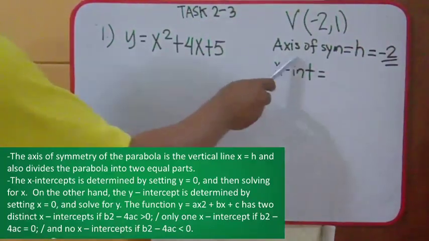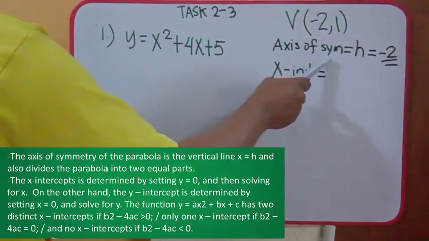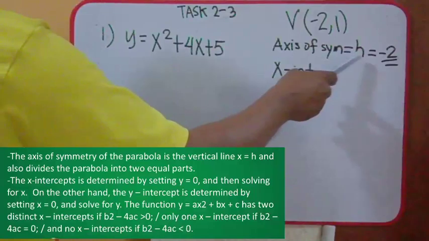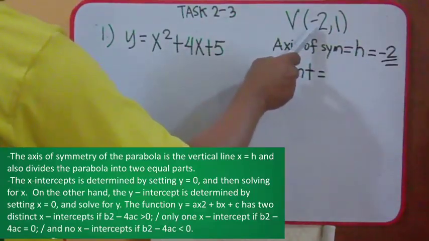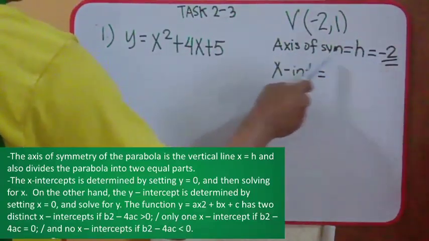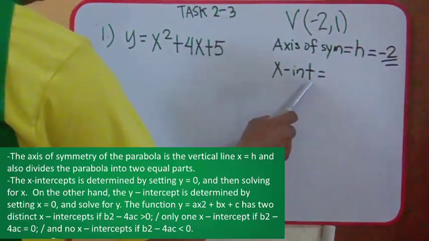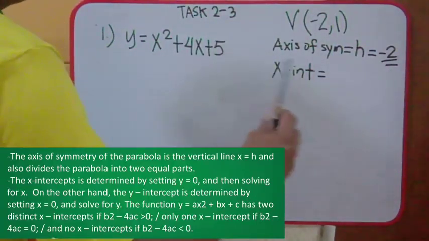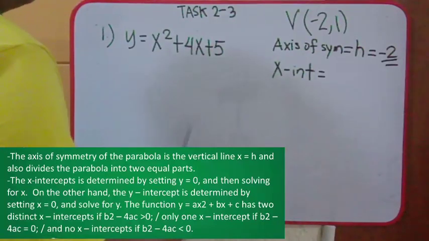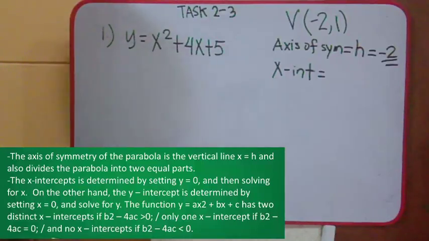So, nakuha na natin ang axis of symmetry, where axis of symmetry equals h and h equals negative 2. So, it means axis of symmetry equals negative 2. X-intercept. Okay, meron siyang tatlong way para ma-identify kung merong x-intercept yung function natin.